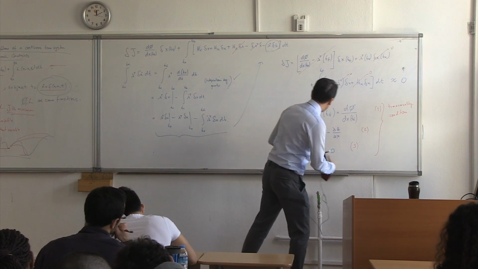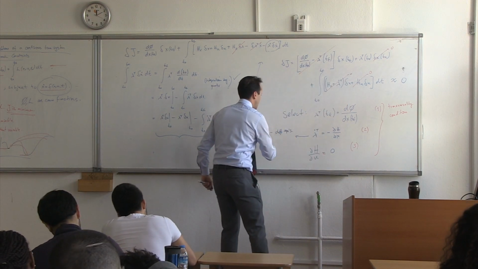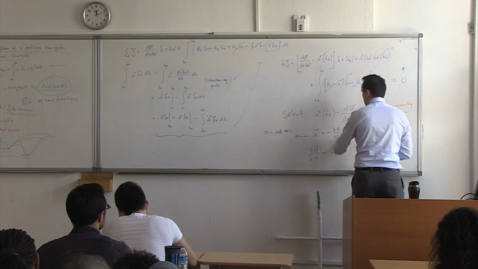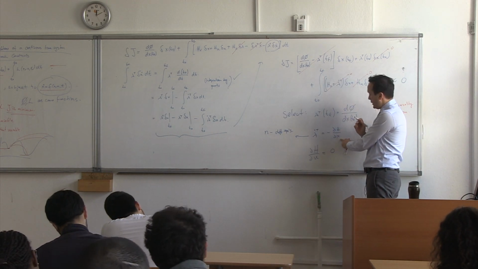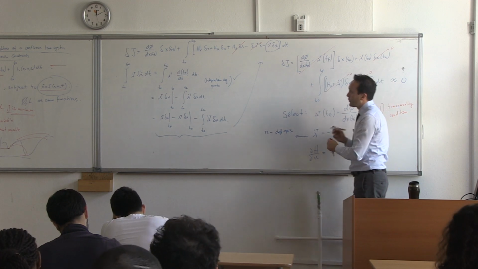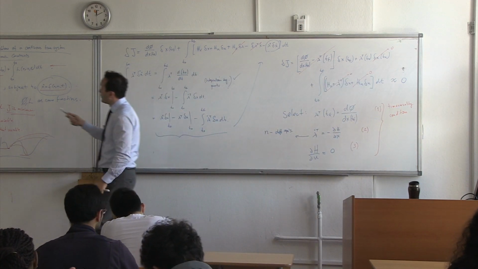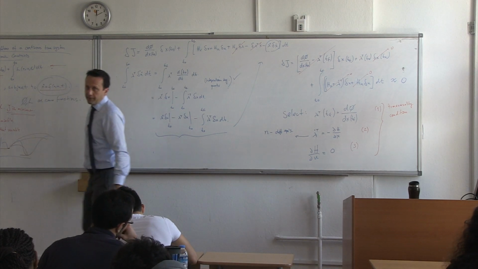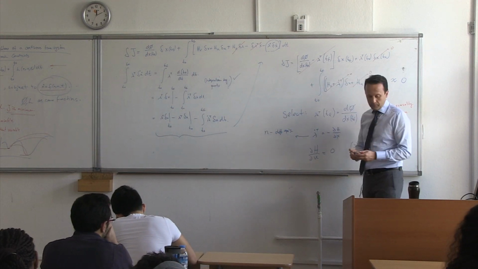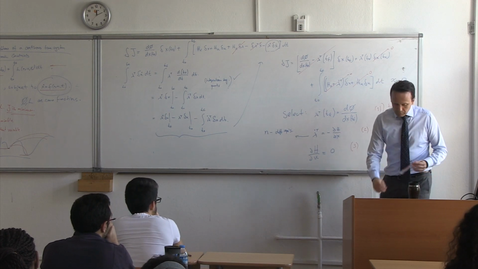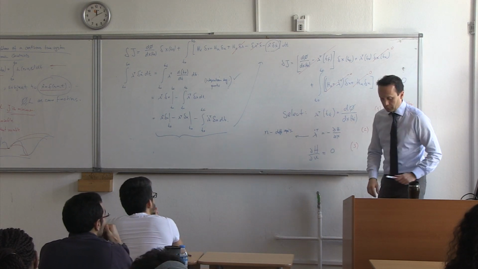Why n? Because it depends on the number of x. Because this is a partial derivative, and you will have n of them. Remember that x can still be a vector. So you have n differential equations here.